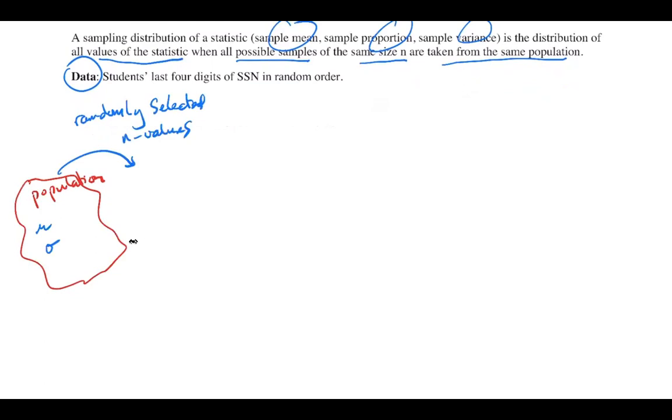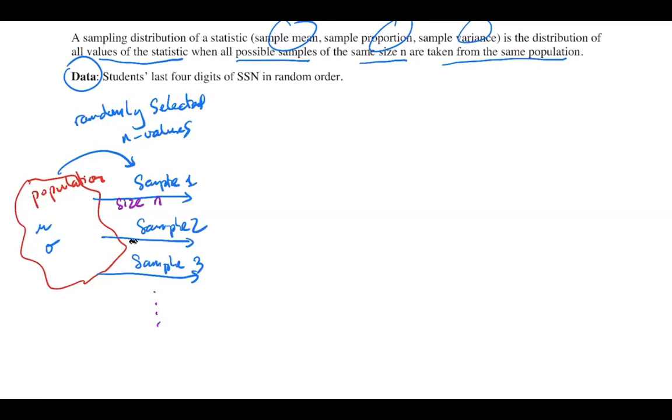So let's say we have sample 1 of n values, sample 2 of n values, and then sample 3 of n values. Suppose each of these samples has a size n, whatever that could be, dot, dot, dot. So the first step is to randomly select samples of a certain size n. We don't know what the sample size would be. We don't know how many samples we're picking.